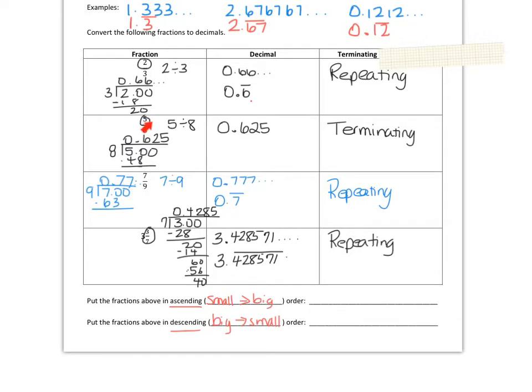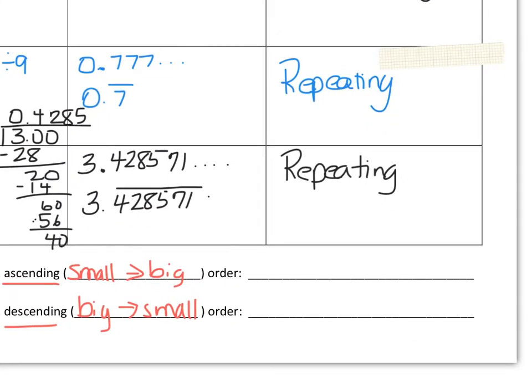The next one, and think of money, if we have 62 cents or 66 cents, which one is smaller? 62 cents, then 66 cents, then 77 cents, then $3.42. And we'll write those with their fraction equivalents. So our first fraction would be 5/8, because that was our smallest decimal.